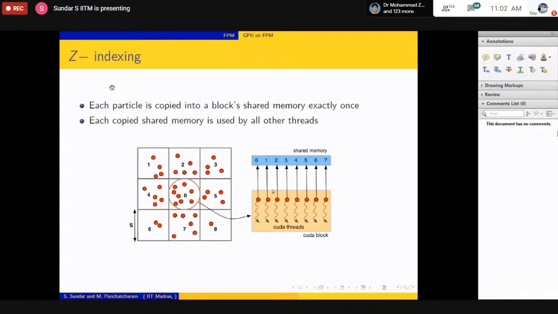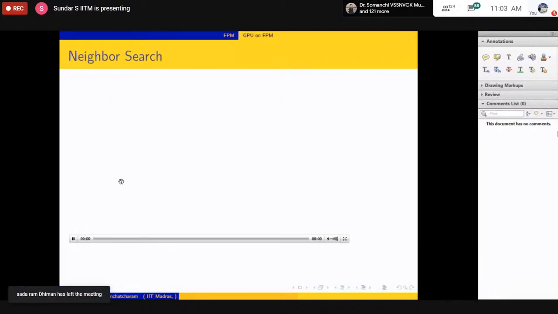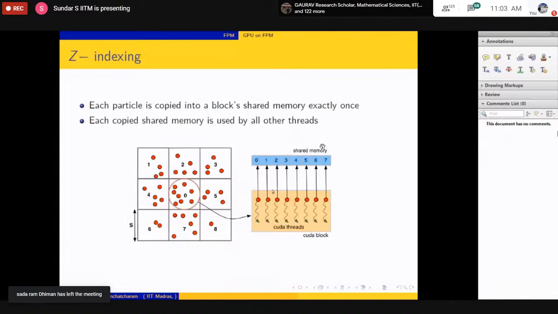So Z indexing: each particle is copied into a block's shared memory exactly once. Each copied shared memory is used by all other threads. So now I'm talking about how we have put the entire thing in my GPU. Basically, we have used Z indexing. Okay, if you look at GPU computation, you must understand when you write a program, you have a grid.